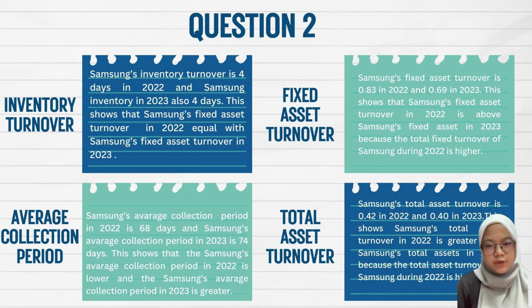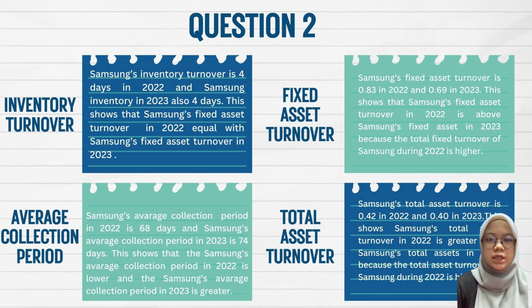Next, Samsung's fixed asset turnover is 0.83 in 2022 and 0.69 in 2023. This shows that Samsung's fixed asset turnover in 2022 is above that of 2023 because the fixed asset turnover of Samsung during 2022 is higher.